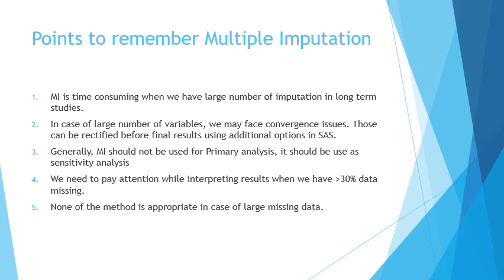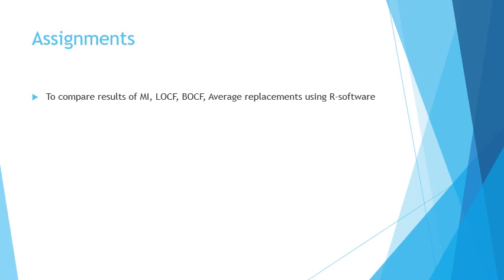Point number 5: none of the methods is appropriate in case of large missing data. You can consider this as an assignment to compare the results of MI, LOCF, BOCF, and average replacement using R software or any other software you prefer, and this will help you understand how promising the results MI estimates are.